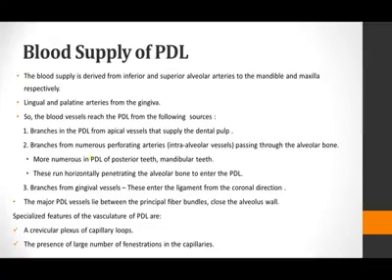These perforating arteries are more numerous in the periodontal ligament of posterior teeth as compared to the anterior teeth, and they're more numerous in the mandibular teeth as compared to the maxillary teeth.